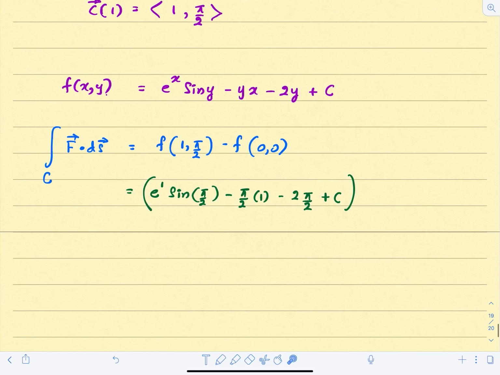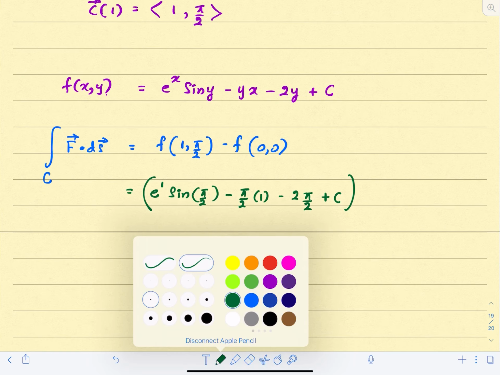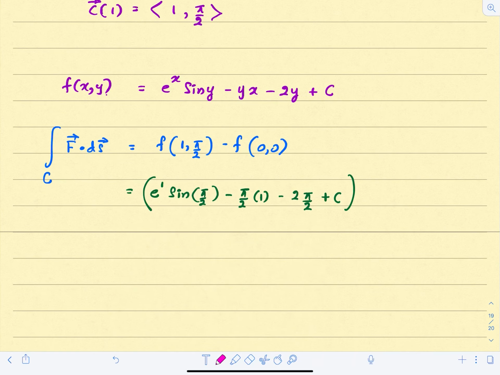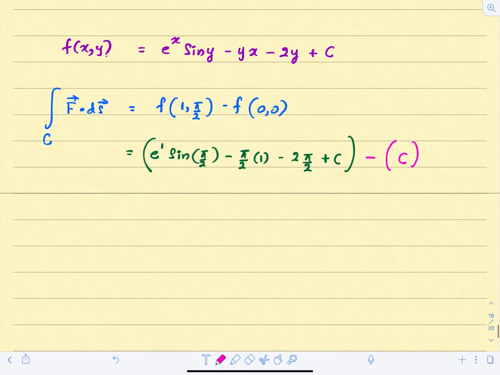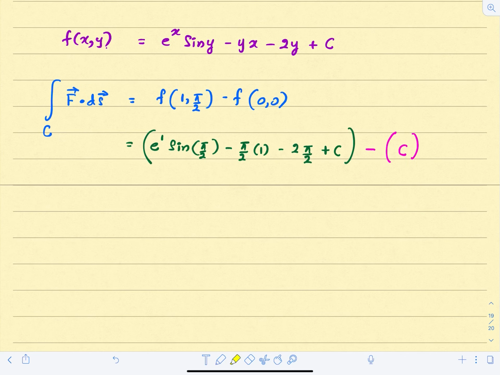Now let's calculate the function value at the initial point. So x value is 0, y value is 0. If you do that, you will get sine 0, which is 0, and this term is also 0, and the third term becomes 0 as well, and you will get only that constant of integration c. Now as you can see, we can cancel this c value with that.